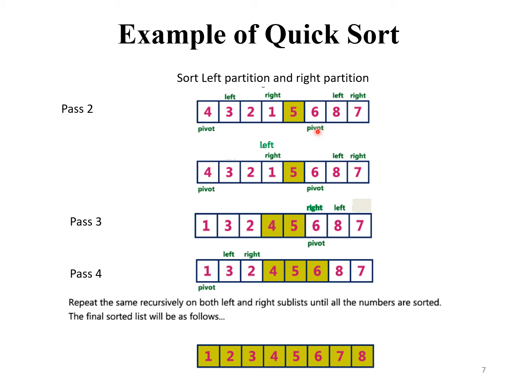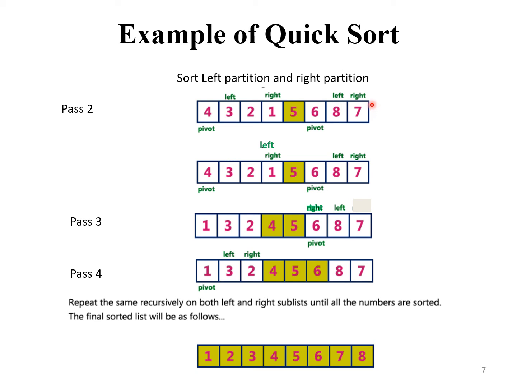This condition is true. That's why left is incremented by 1. Now again we check whether left is less than or equal to pivot. But here left is 8, so is 8 less than or equal to 6? This condition is false. That's why left points to this second position.